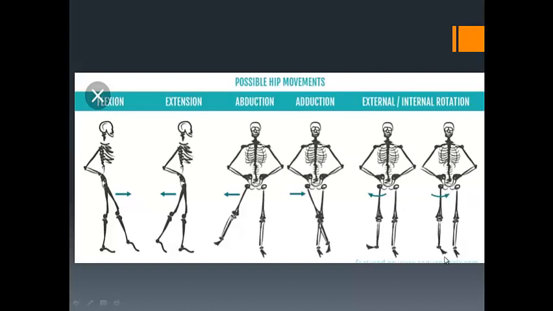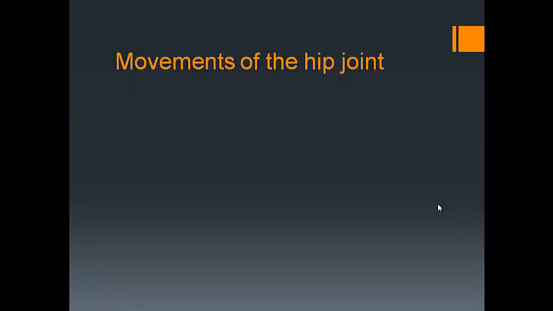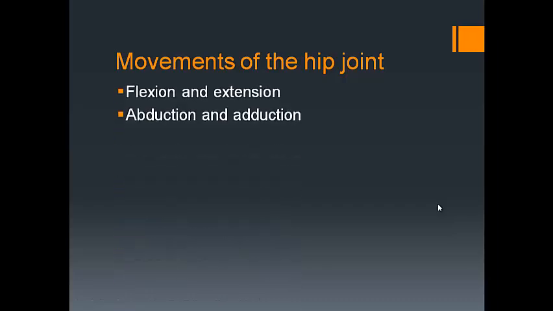And if you then start rotating your big toe to the inside, that is internal rotation. So the movements that happen at the hip joint: we saw flexion and extension, abduction and adduction, and medial and lateral rotation, which is the same as internal and external rotation.